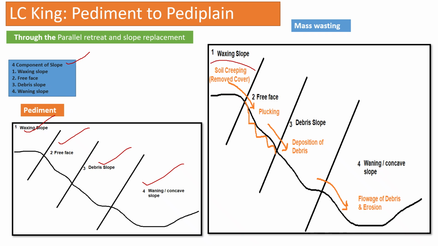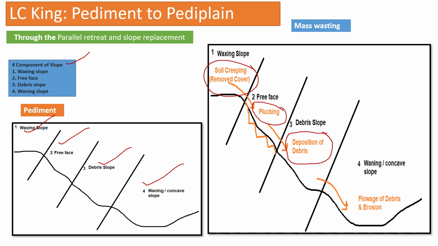In the waxing slope, the mass wasting process is soil creeping. In the free face slope, the mass wasting process is plucking due to the very steep slope. In the third part, the debris slope, the slope declines and is comparatively less steep, and the process is deposition of debris.